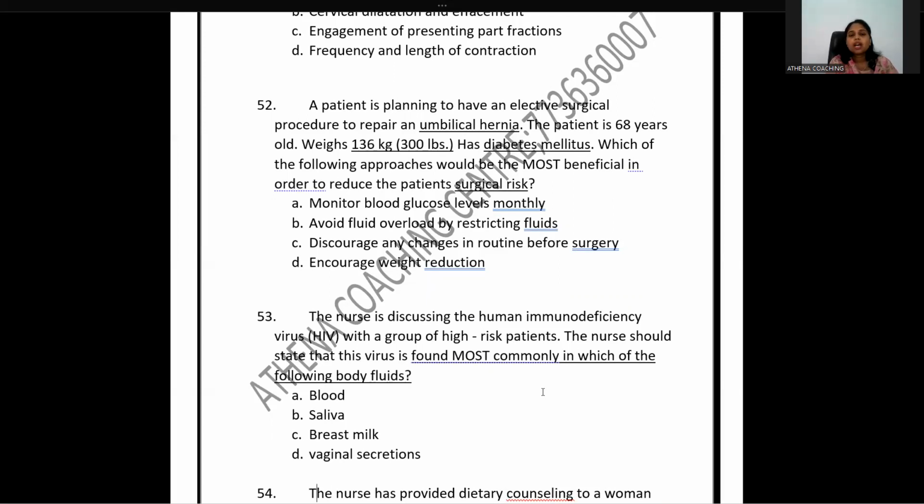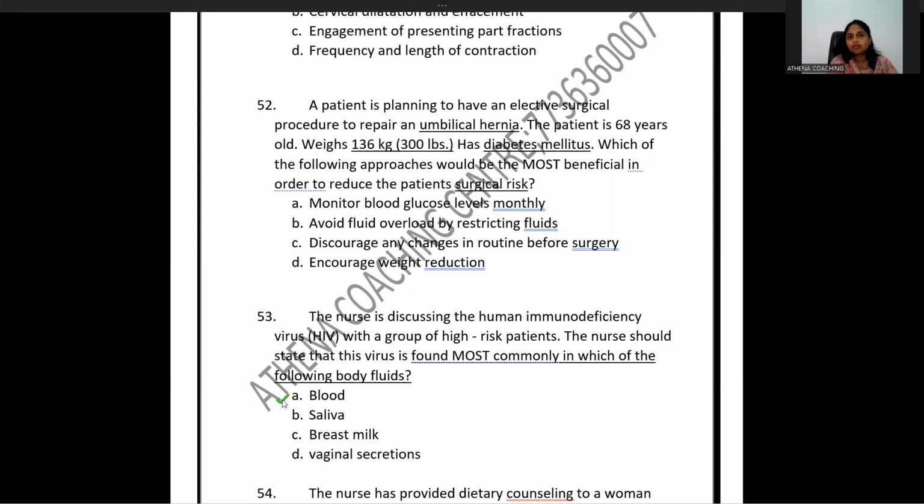Right? HIV is a virus, and usually that gets transmitted through infected blood and any of the body fluids. Okay, and commonly this is found in every body fluid, but most commonly it is expected in blood. Okay, so the correct answer for this is the first one.